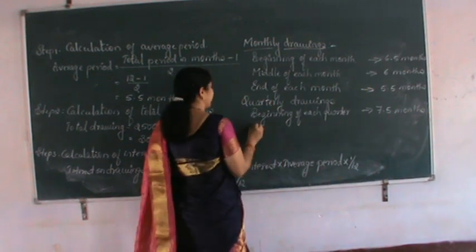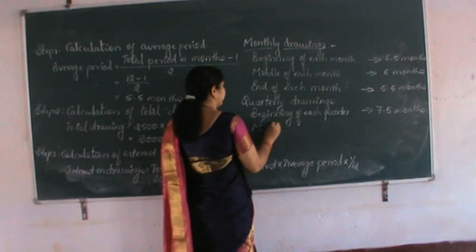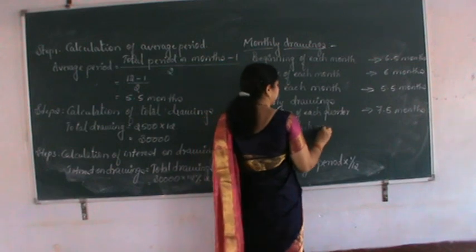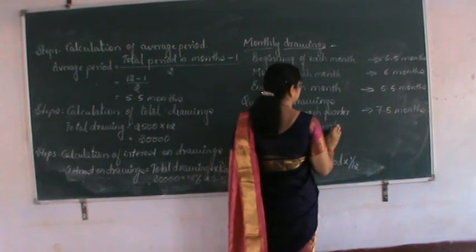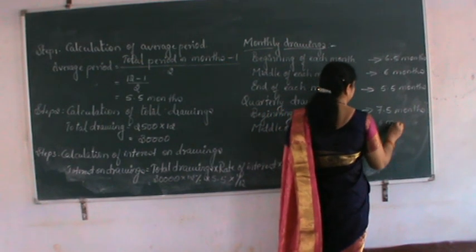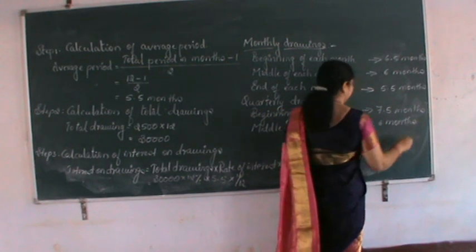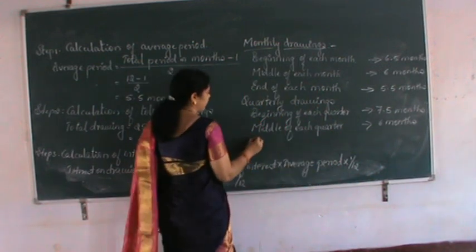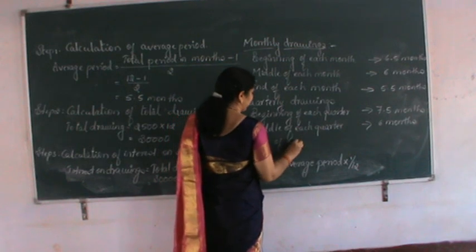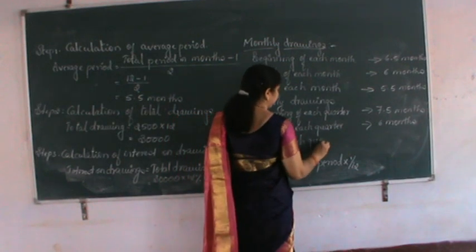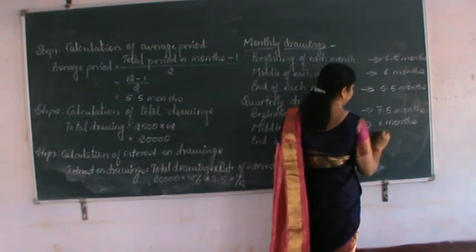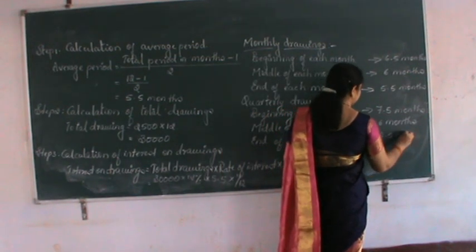If the drawings are taken in the middle of every quarter, then the average period will be 6 months. Then lastly, if the drawings are taken at the end of each quarter, the average period will be 4.5 months.